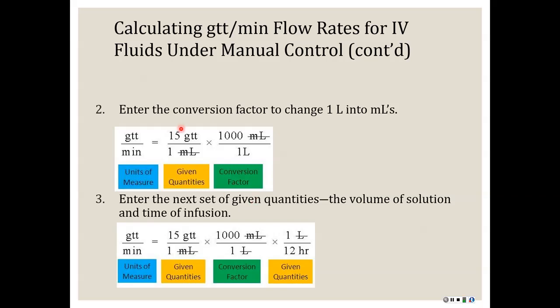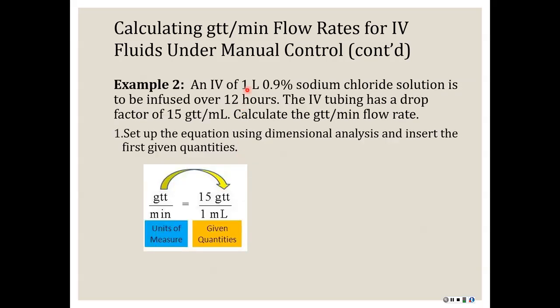Next step then is identifying that we have 15 drops per milliliter. We want to get rid of milliliters somehow because we're not looking for milliliters in our answer. So we're going to go ahead and put milliliters up here. Then we're going to look to our problem. And our problem is talking about liters. And so we can't just put in liter here without inserting the conversion factor. Because when you look at the problem, it says 1 liter over 12 hours.